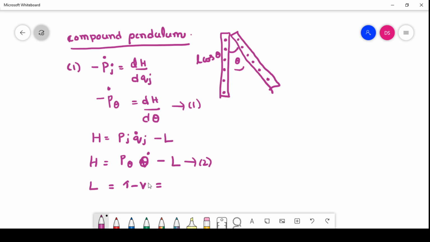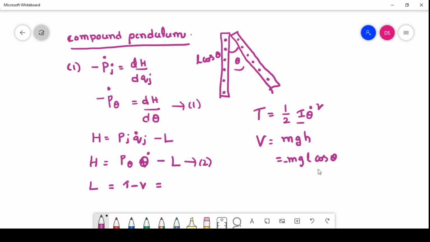So what is the kinetic energy of the compound pendulum? The kinetic energy can be written as half I theta dot square, because theta dot is the angular velocity, half I omega square. You know this formula, where I is the moment of inertia. Now what will be the potential energy? That is equal to mgh, and that height can be considered as L minus L cos theta.